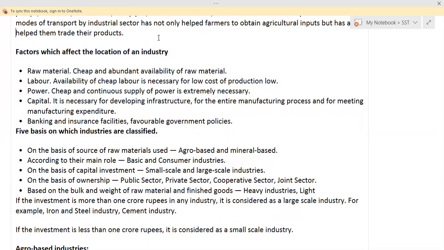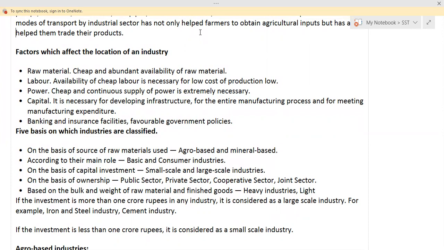Capital: it is necessary for developing infrastructure, for the entire manufacturing process, and for meeting manufacturing expenditure.